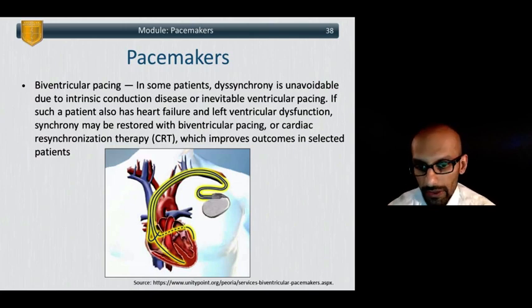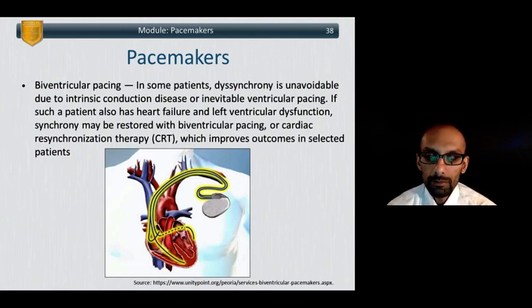Now, you can't perforate through the septum to get that lead there. What you do is the cardiologist places the lead through the right side of the heart into the coronary sinus, and it basically leaves it there, because that can track across the septum into the left side of the heart and pace the left ventricle that way.